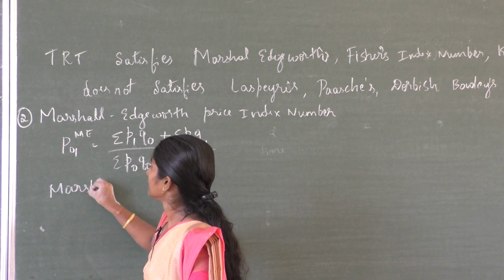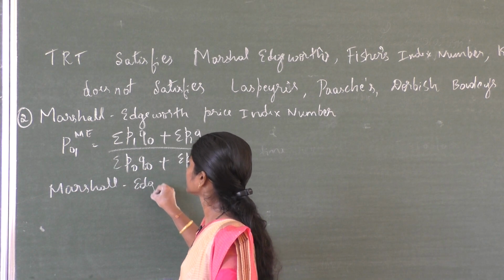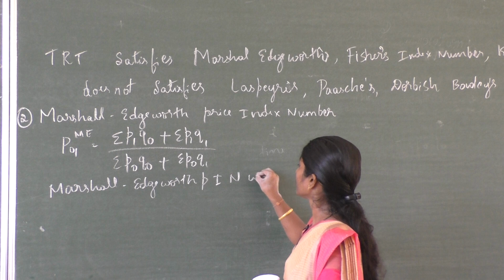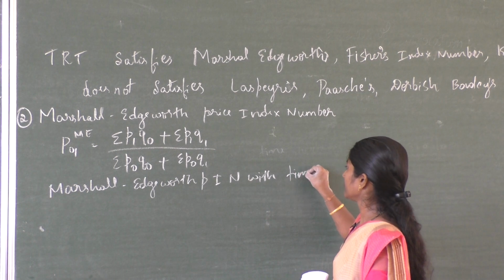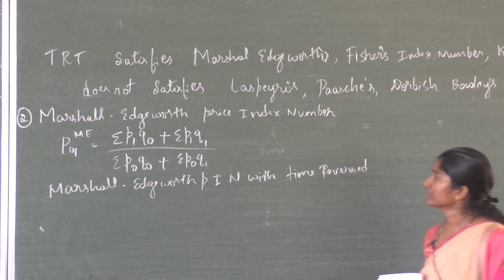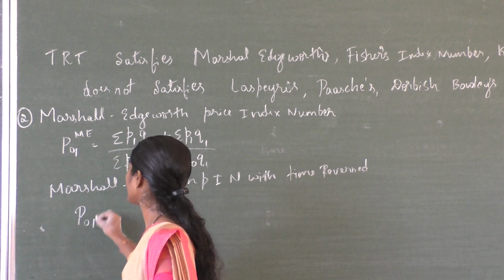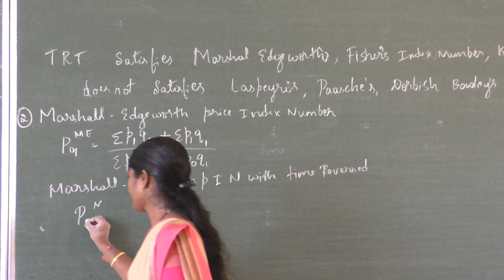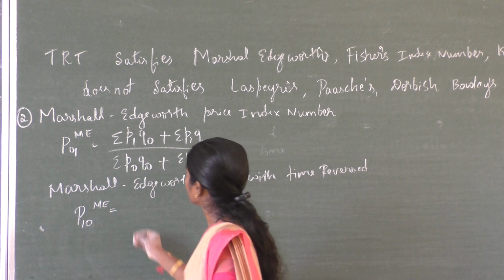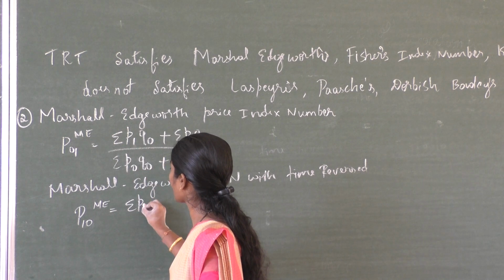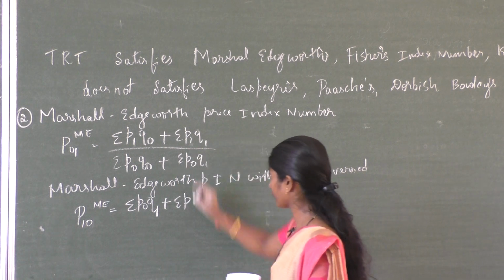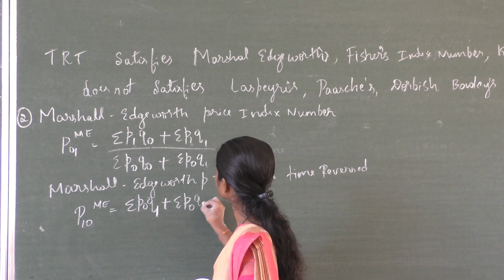For the Marshall-Edgeworth price index number with the time reversed, P10 of Marshall-Edgeworth equals, instead of 1 we write 0, instead of 0 we write 1, again here also instead of 1 I take a 0.